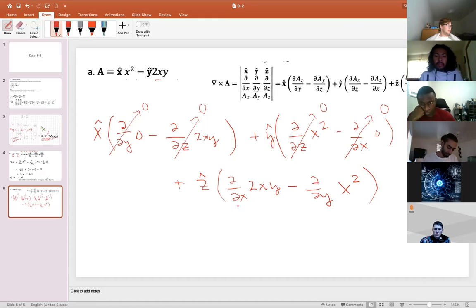And this one should have a value. What's the value on this one? 2y. And what about this one? Nope, this one's 0. Okay. So z.